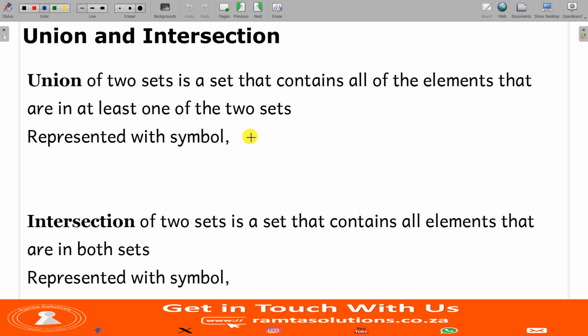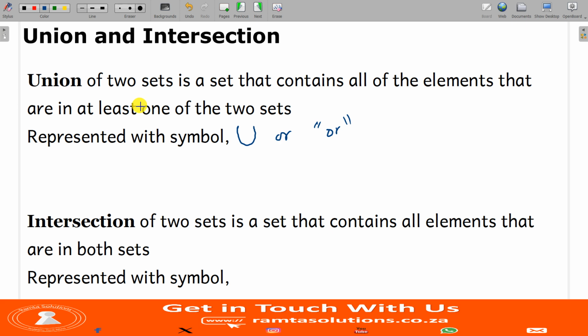We represent it with the union symbol, otherwise called a cup. You will see a cup, or you will see the word "or".